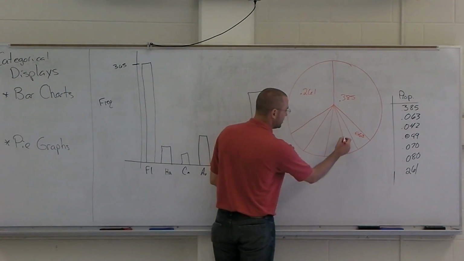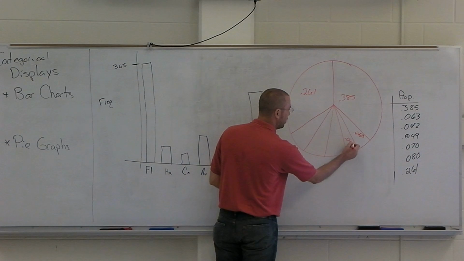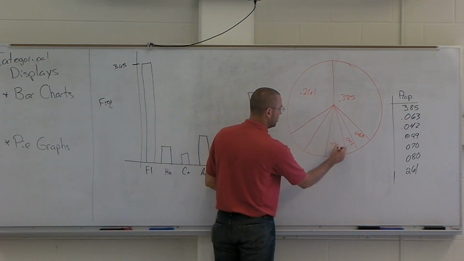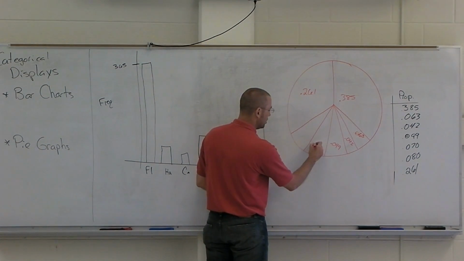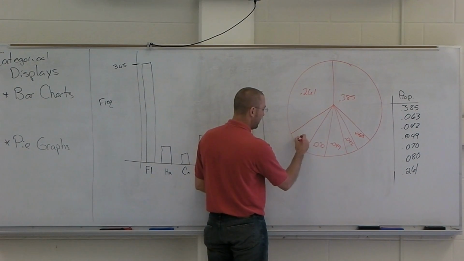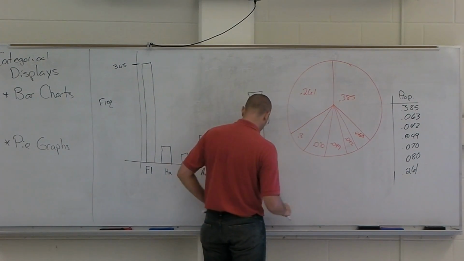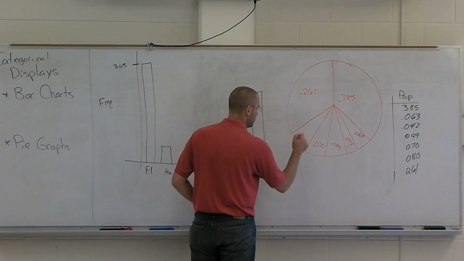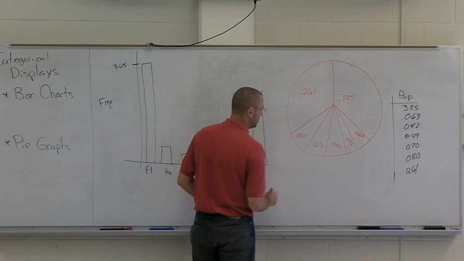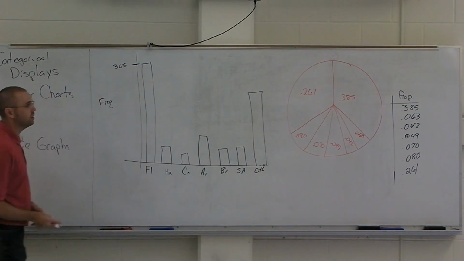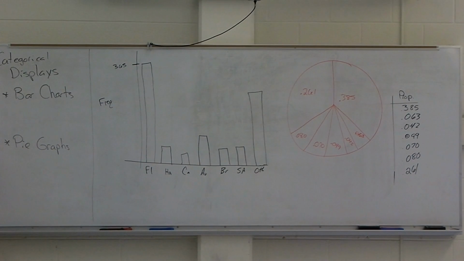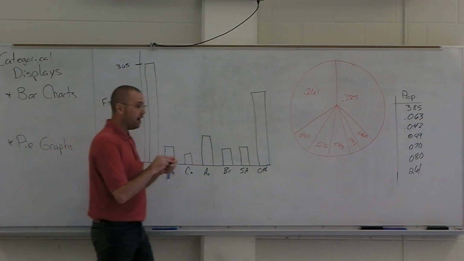There are drawbacks to using pie charts, as we will talk about later on in the course. But they are one of the tools that we have available to us to display categorical data, and so we should at least be exposed to them and know what they are and how they play an important role in statistics.